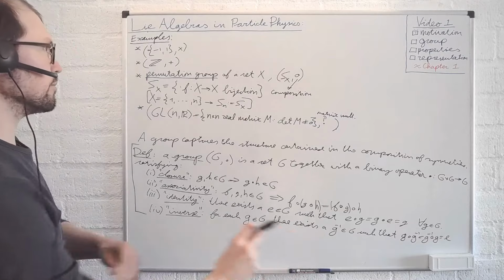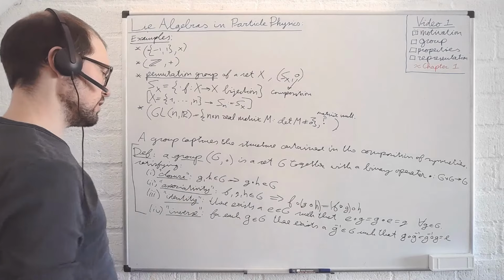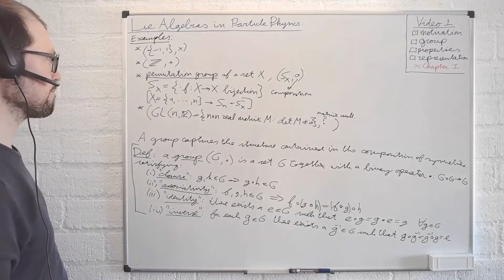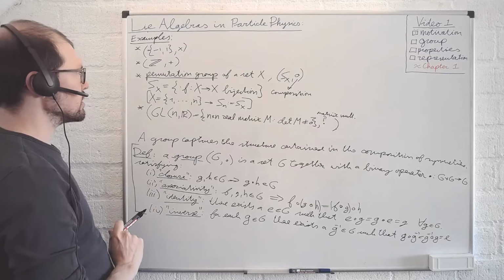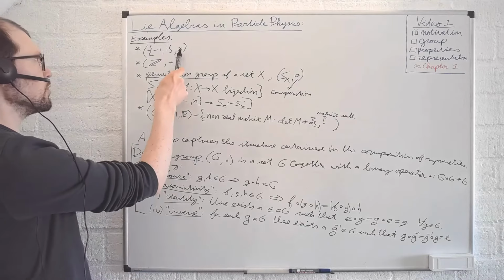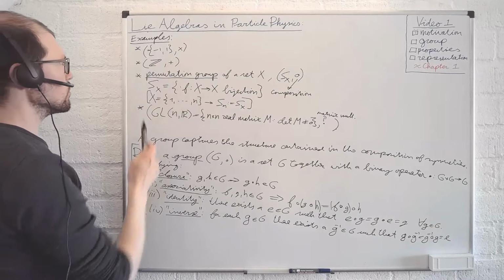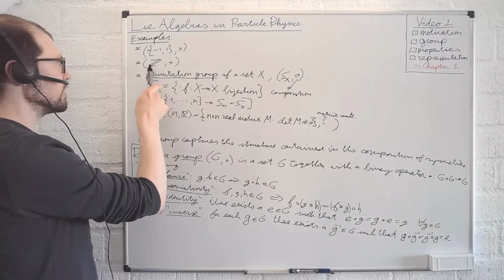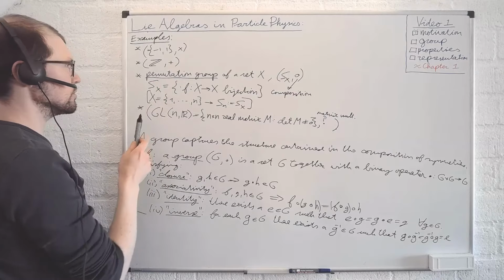Let's quickly have a look at what, for instance, the identity and inverse of these groups should be. It should already be clear that closure is valid for all of these. Whenever I multiply either 1 or minus 1, I always get 1 or minus 1. Whenever I add two integers, it's again an integer, so it's closed.